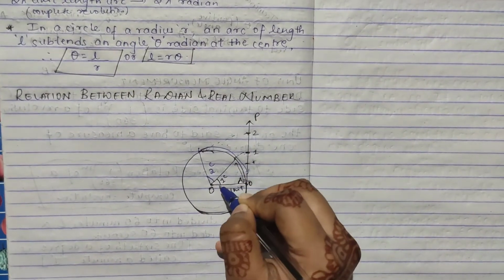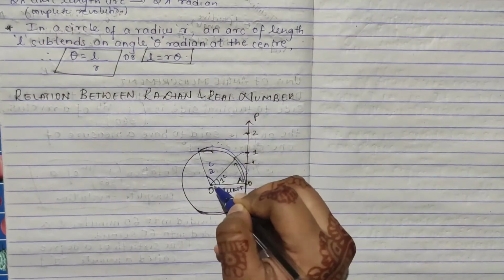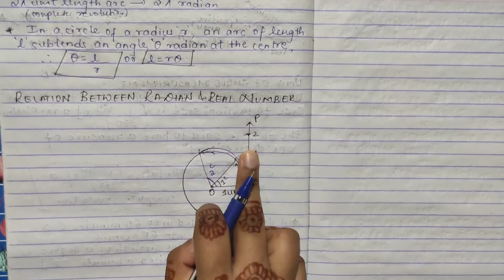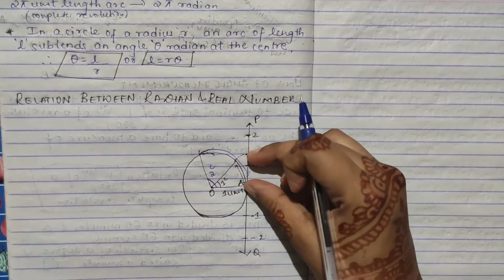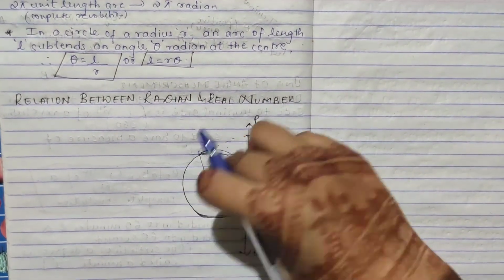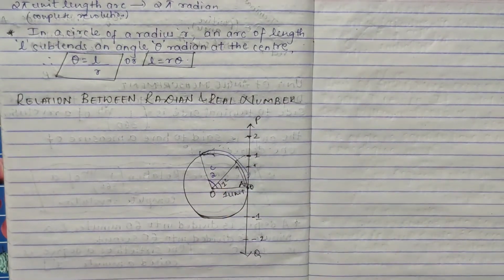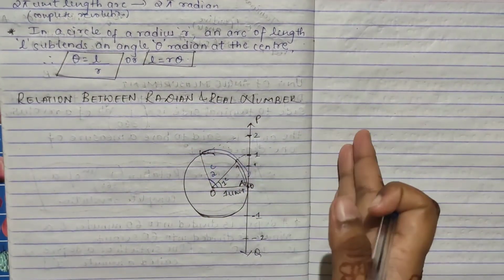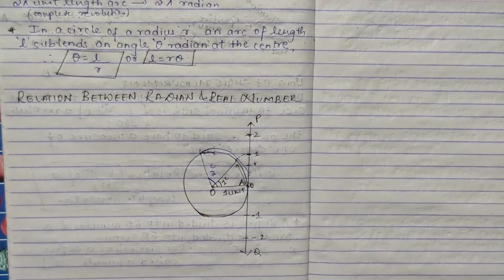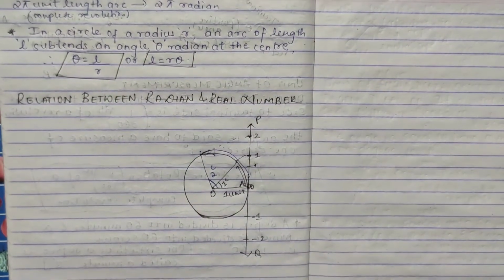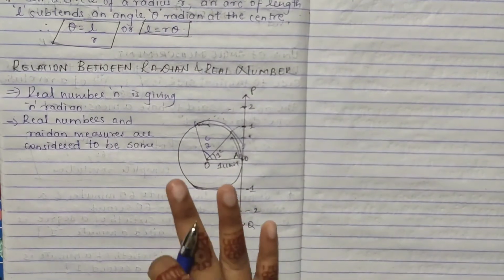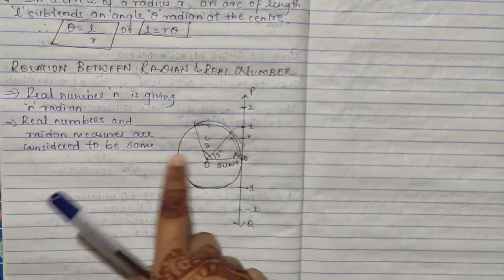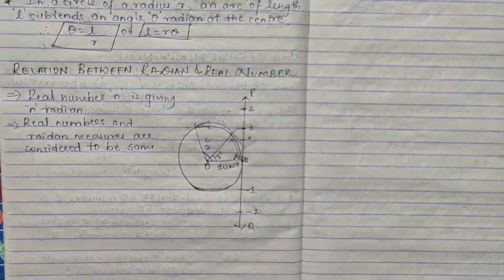From here, this whole part will be your 2 radian. Understood? For 1 unit it makes 1 radian, for 2 units it makes 2 radian, for 3 it will make 3 radian. So your real numbers are equal to your radian. That is the concept. From this you can conclude that real numbers and radian measures are considered to be the same.